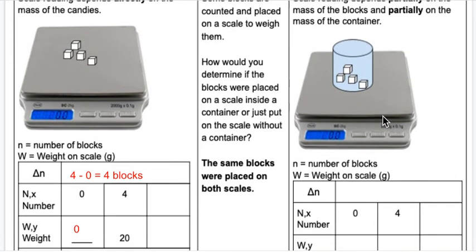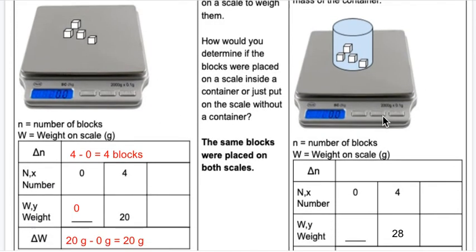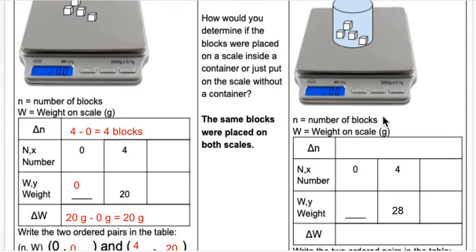Now this one over here, you're going to have to do on your own. The only thing that I'm going to give you to get you going is this one here. And that's going to be the weight if there's absolutely no blocks on the scale, it still weighs 8 grams.